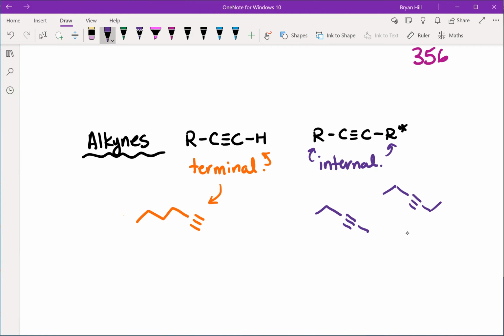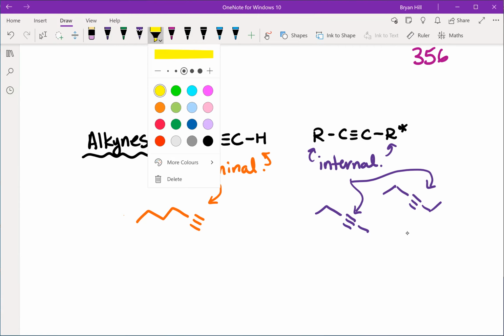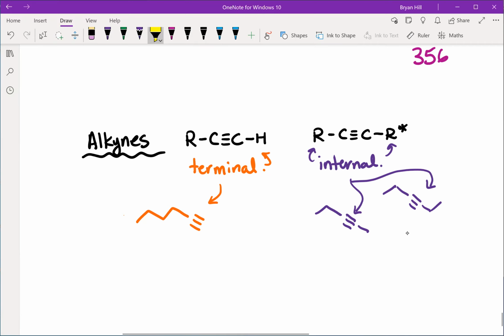And so these would all be internal triple bonds. Now, I purposely draw these triple bonds in such a fashion like this. Because why?